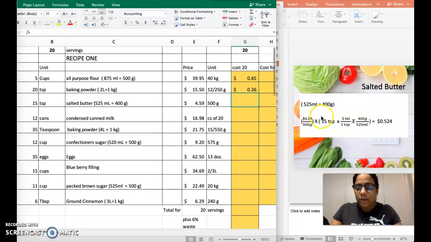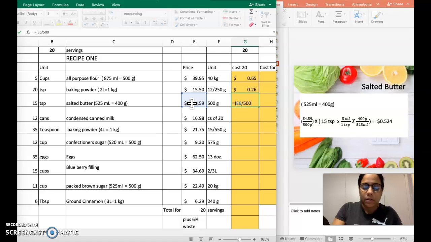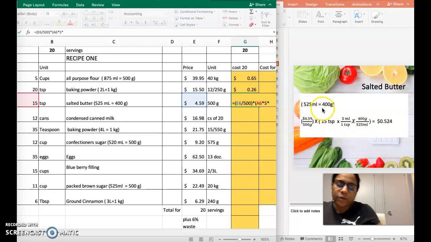The next one is salted butter equals open bracket the price divided by the unit, close bracket, times open bracket. The recipe calls for 15 teaspoons. 1 teaspoon equals 5 ml, so 5 ml times... they say that 525 ml equals 400 grams.